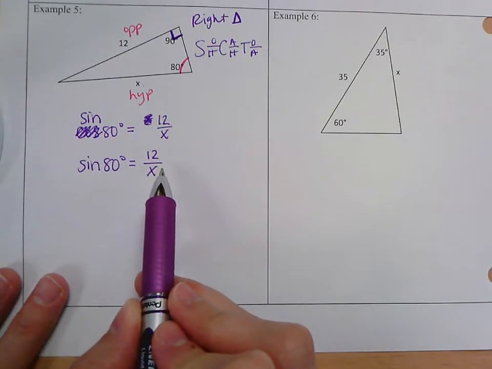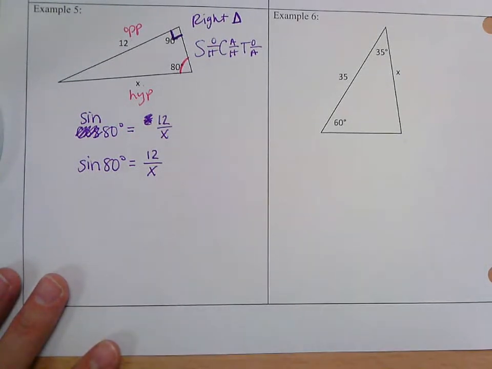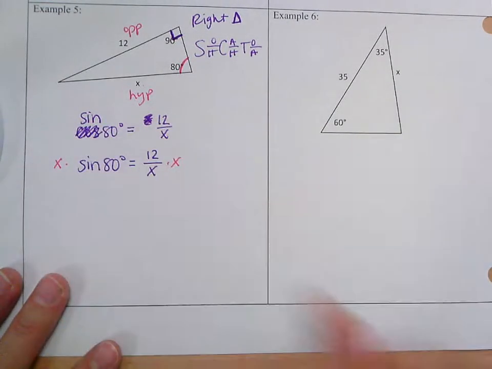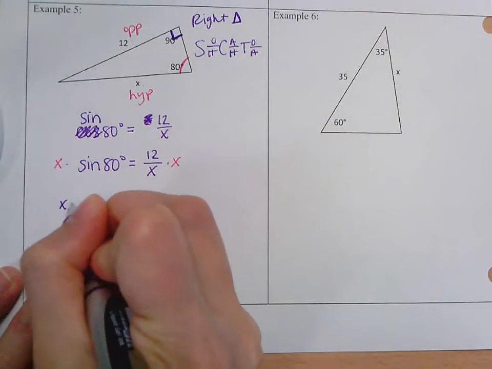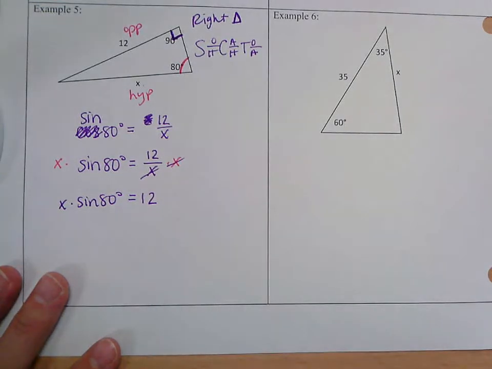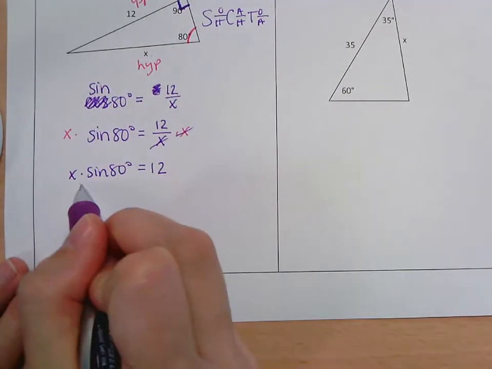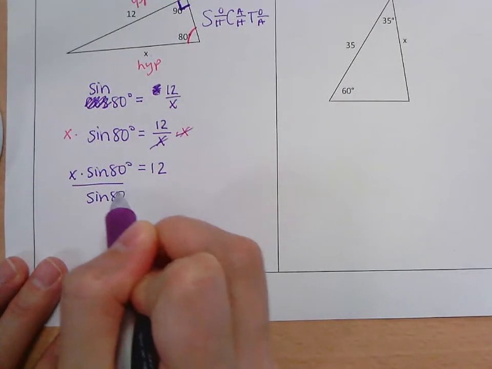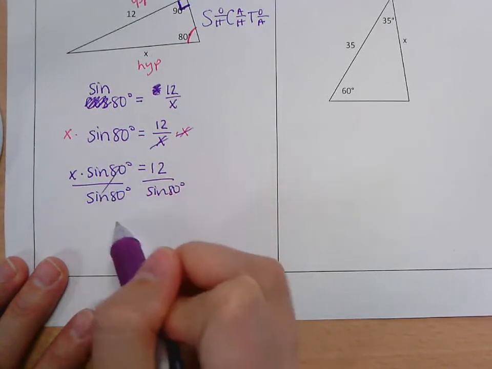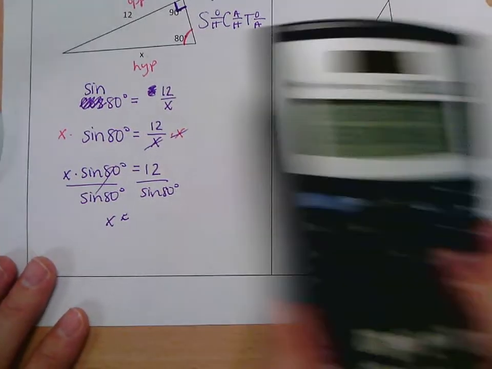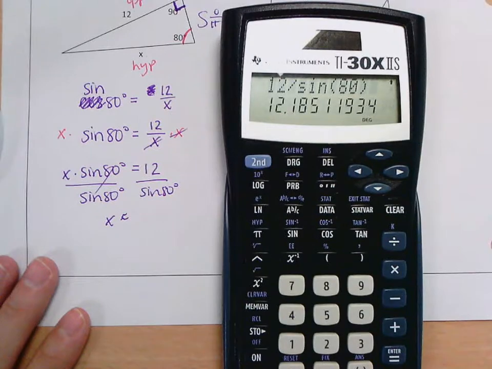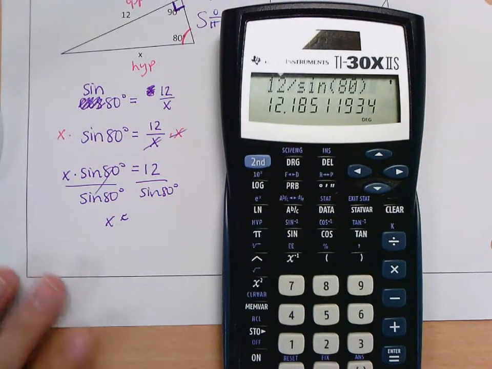Solving for x is my first step. Multiply by x. So I have x times sine of 80 is equal to 12, and then I would divide by sine of 80. So x would be approximately 12 divided by sine of 80, so 12.2.